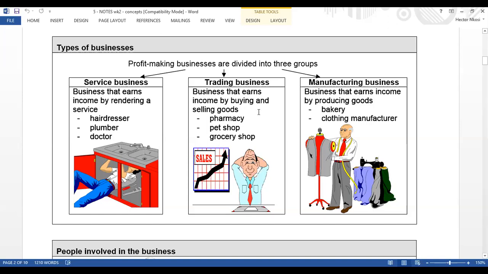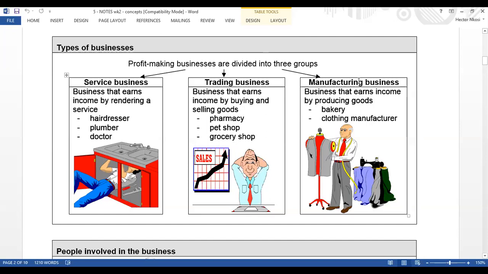Because at the pharmacy you can get certain medication, certain pills, whatever you need, or toiletry. All those things are tangible. Pet shop, let's say you've got a pet, you can go buy the food there. Grocery shop also, if you need groceries, all those things are tangible. Those things will be regarded as trading business.